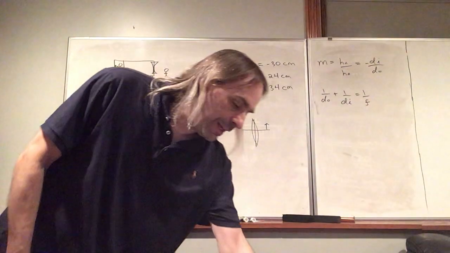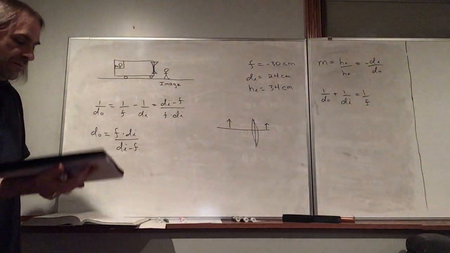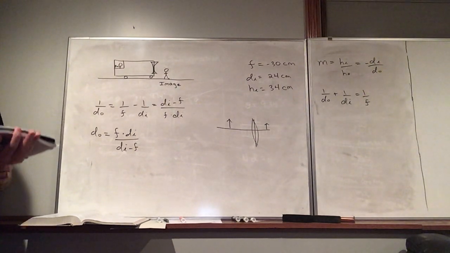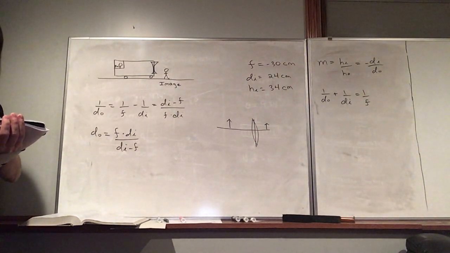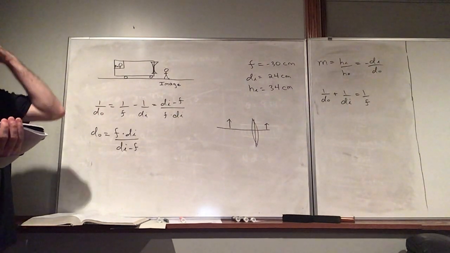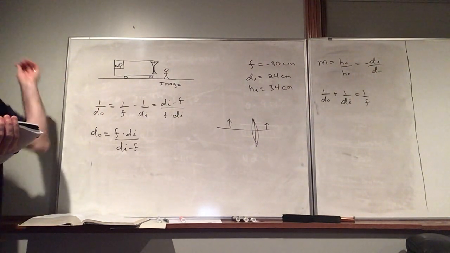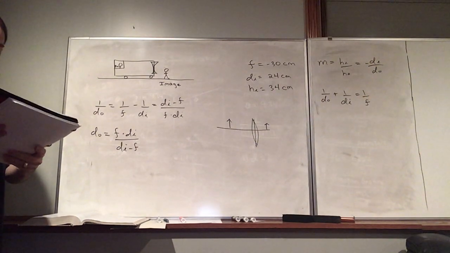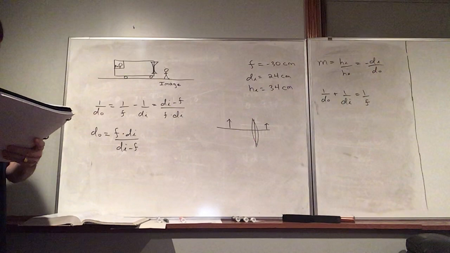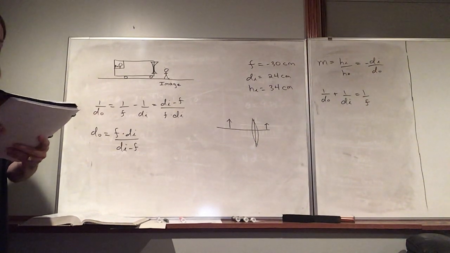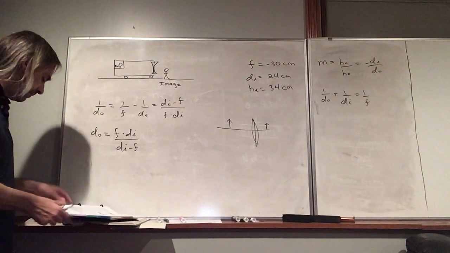So let me read the sign convention that we have from the book and the notes under thin lens equation. Let's look at image distance.